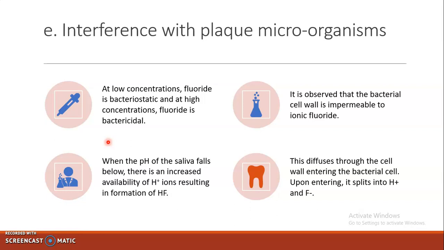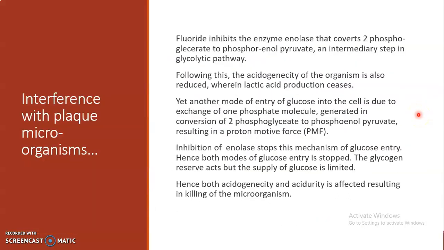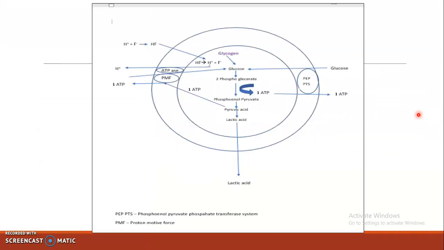I have already given the textual description of the mechanism of action in relation to interference with plaque microorganisms. You may go through that, but I'll be explaining it in relation to this diagram, which is easier to understand. All the textual part is also written there, but it is better to understand it using the diagram. So I'll be explaining this mechanism in relation to this diagram.